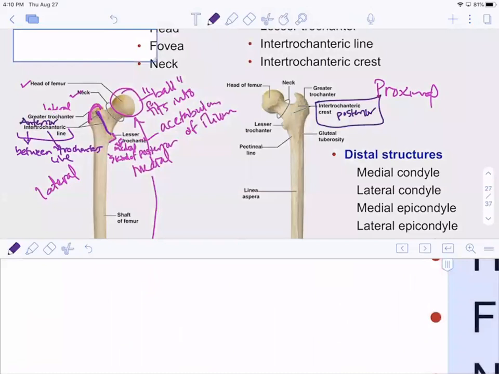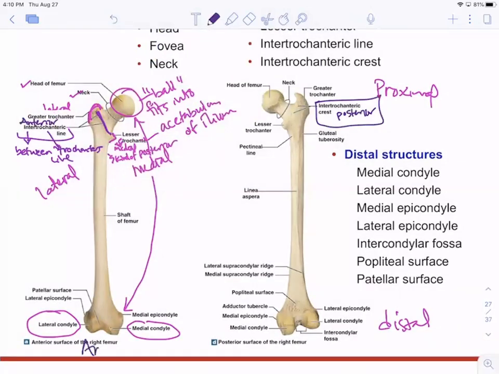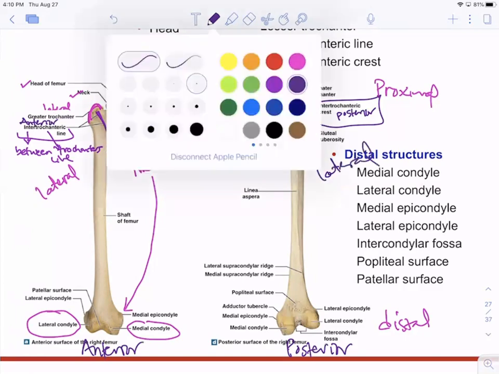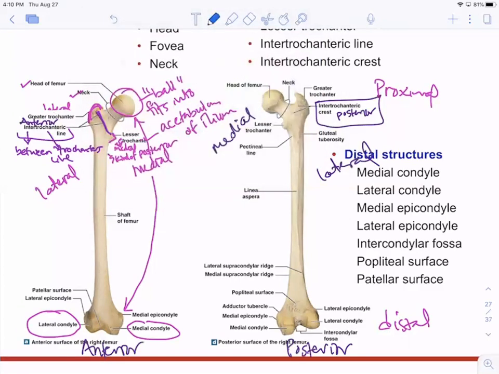So let's just say this is the anterior view and this is the posterior view. Okay, this is still medial and that's still lateral. So you have this intertrochanteric line that is anterior.